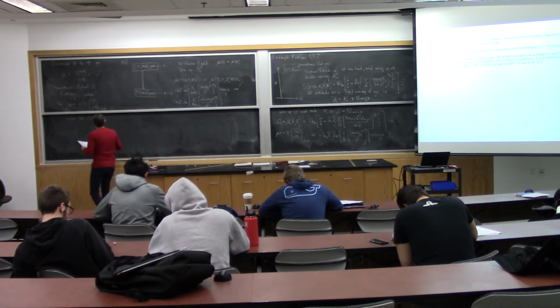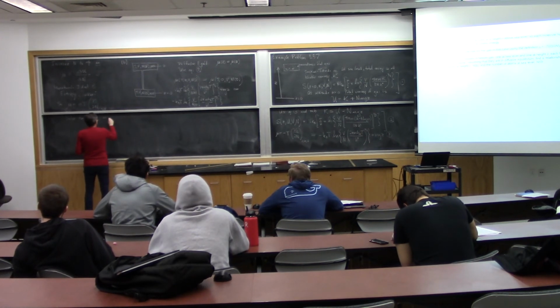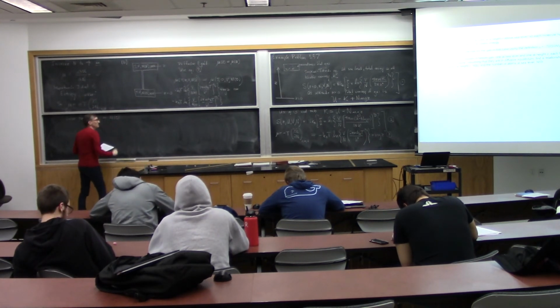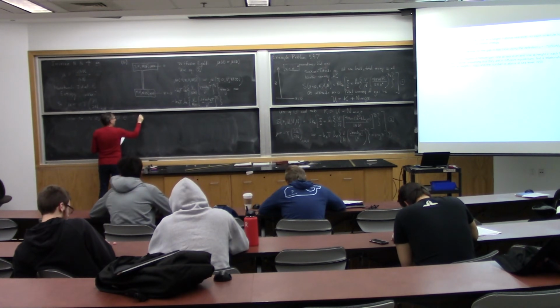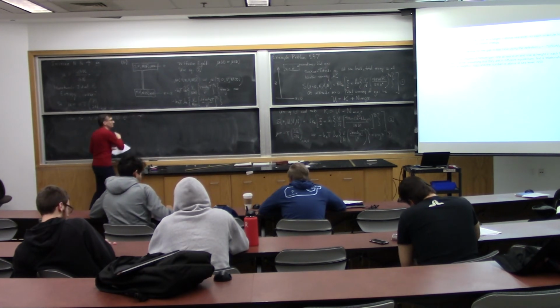The number of atoms in the box at altitude z is equal to the number of atoms in the box at altitude 0 times a negative exponential, negative mgz over kBT.